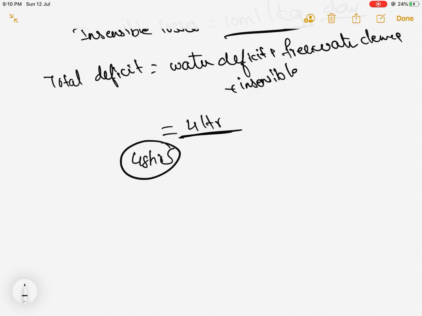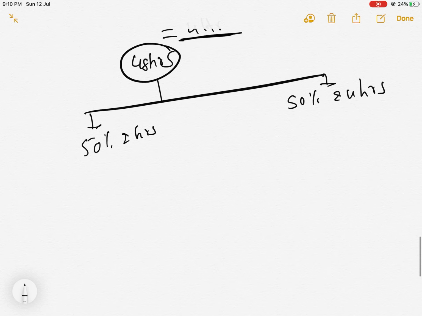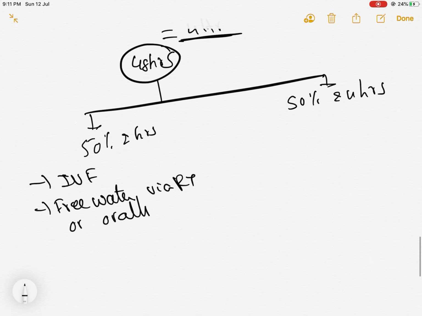So what we will do is that we will divide it into 50% in 24 hours and next 50% in next 24 hours. Now how to correct this? There are two main ways of correcting it. One is IV fluid, second one is give free water either via RT or oral. If patient is conscious, you give free water orally.